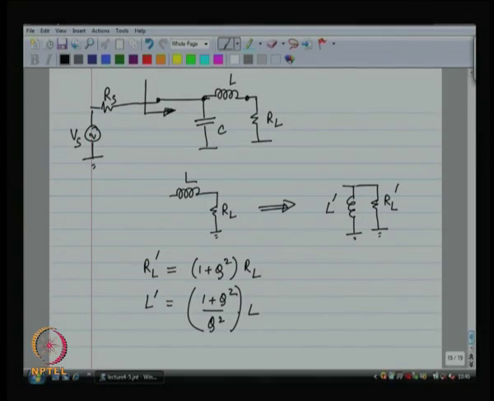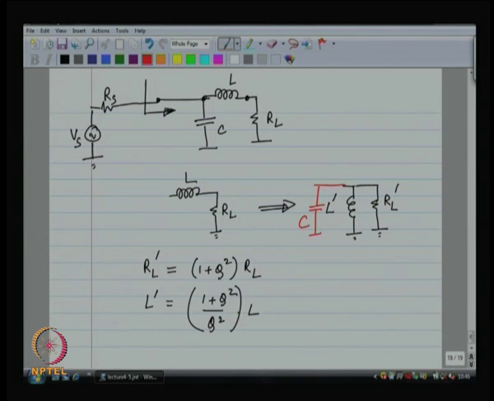So, we transform the inductor in series with the resistor to an inductor in parallel with the resistor, and now I need L prime and C to resonate with each other at omega naught.